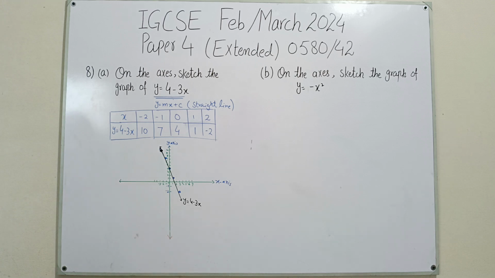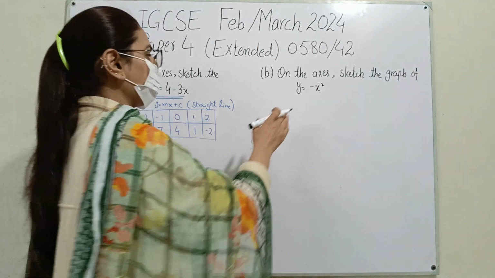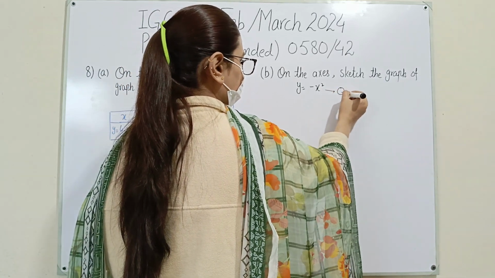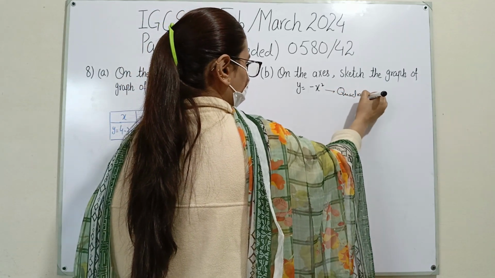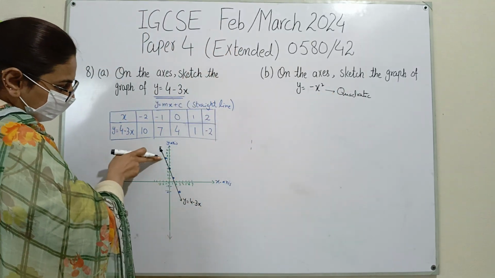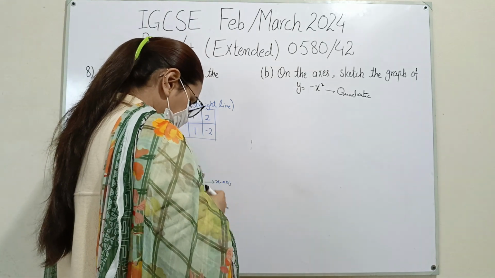In the same way, we will find the values for the next expression over here. This is a quadratic expression, while in the previous case that was a straight line, as is clearly shown in the graph as well. First of all, calculate the rough values.